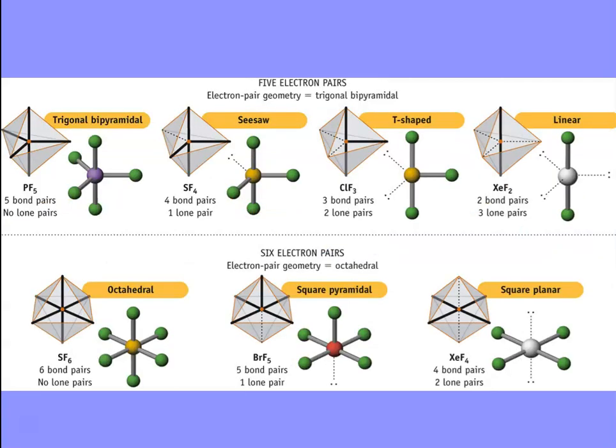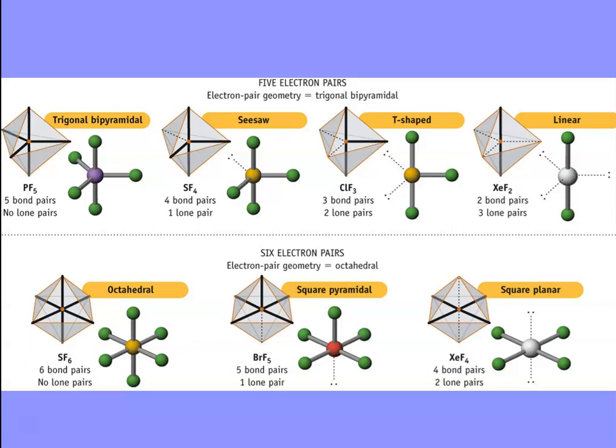With 5 and 6, similar logic occurs. You start with your base shape as long as they're all bonded. When you start to replace bonds with lone electron pairs, your geometry is going to change. With the 5 electron pairs, the electron pairs get removed from the triangle part first.